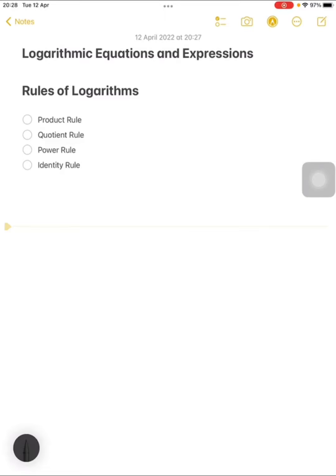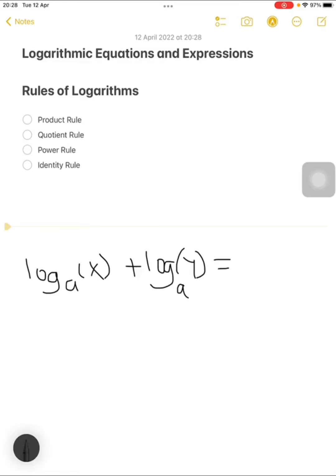Alright, so today we are looking into logarithmic equations and expressions, and we are going to have first of all the rules of logarithms, starting with rule number 1, the product rule. The product rule states that log x base a plus log y base a is the same as log xy base a.